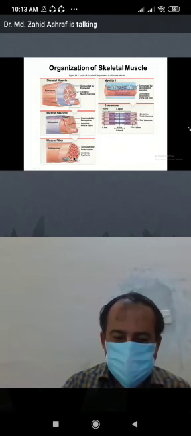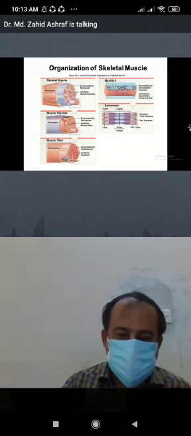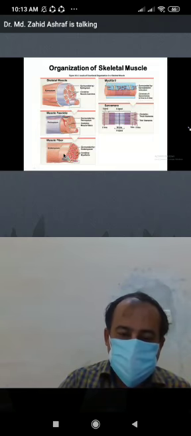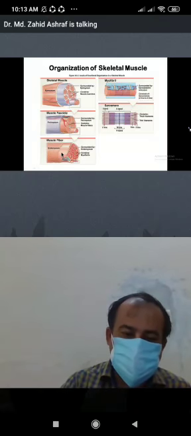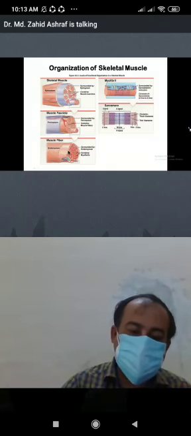These are the contractile units of the muscle fiber. This is a skeletal muscle. This single muscle fiber is called myofibril. It is encircled by a connective tissue layer called endomysium. So an individual muscle fiber is covered by endomysium.